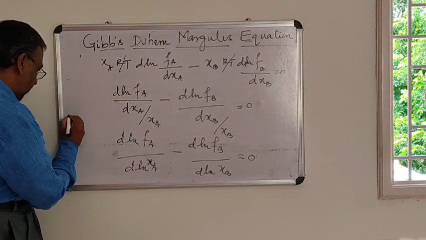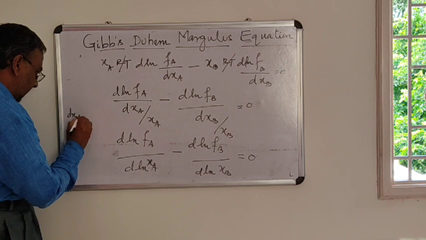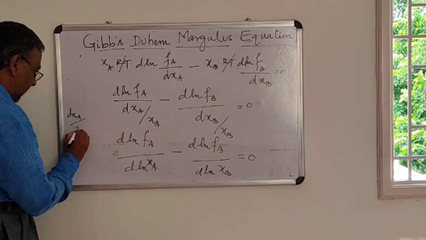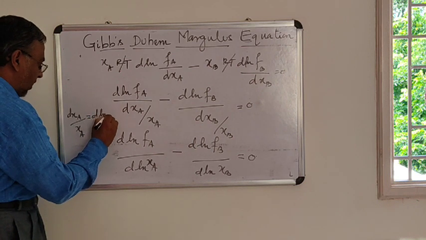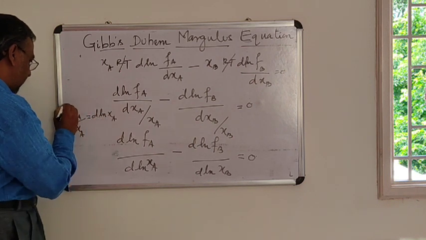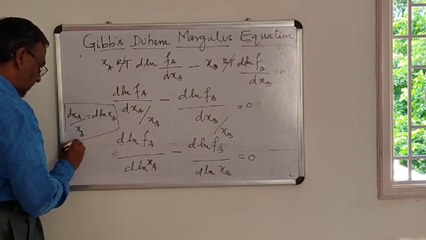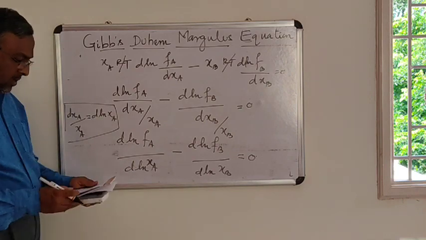Remember, dxa by xa is d log xa. This I have substituted.